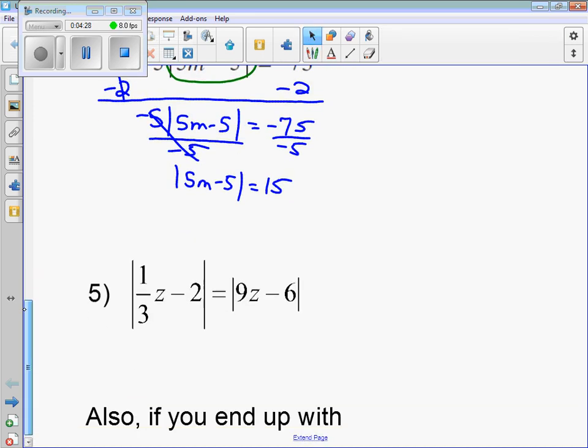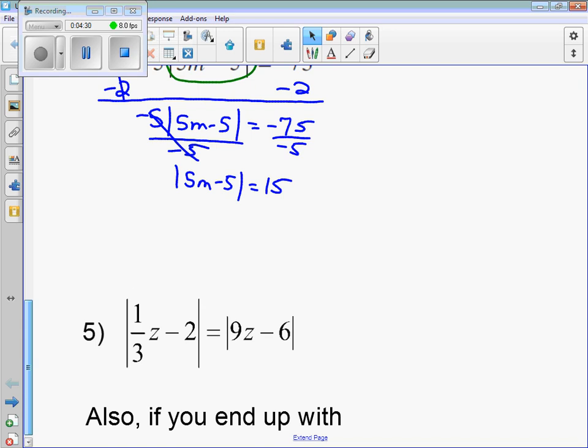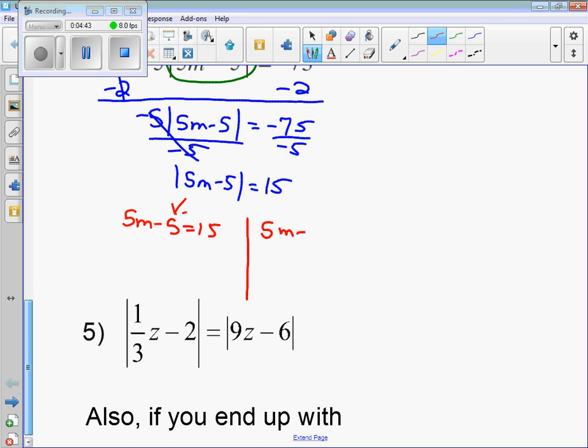So now we can break this up into two different problems. We have 5m minus 5 equals 15. And 5m minus 5, so write down the absolute value exactly the same. Just multiply the right side by -1. Solve both of these equations.